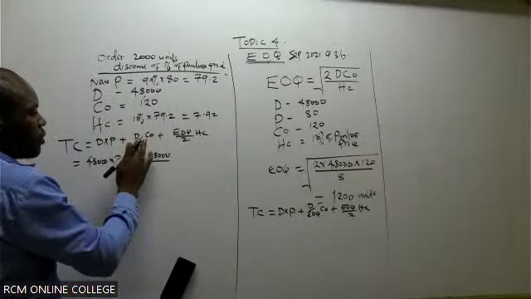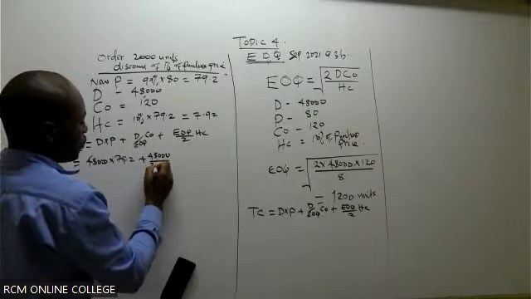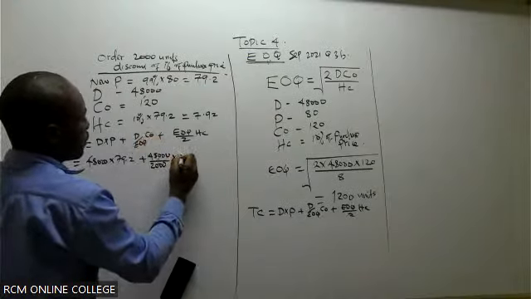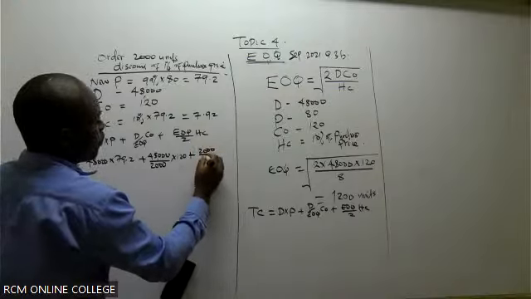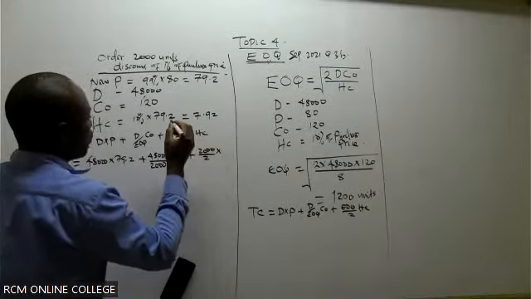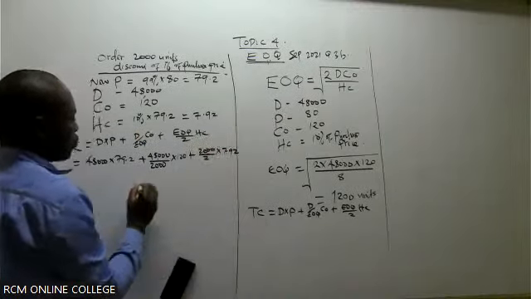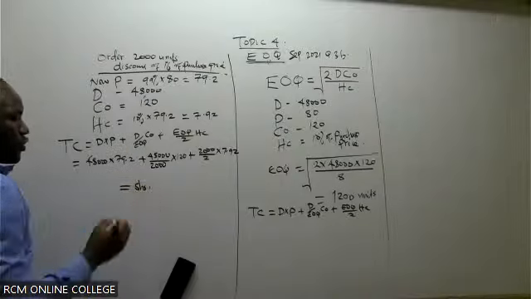You can either put demand over Q or economic order quantity. Times ordering cost, which is 120, plus 2,000 divided by 2, then multiplied by holding cost, which you've given me as 7.92. If that is worked out, you should be able to arrive at the total cost.